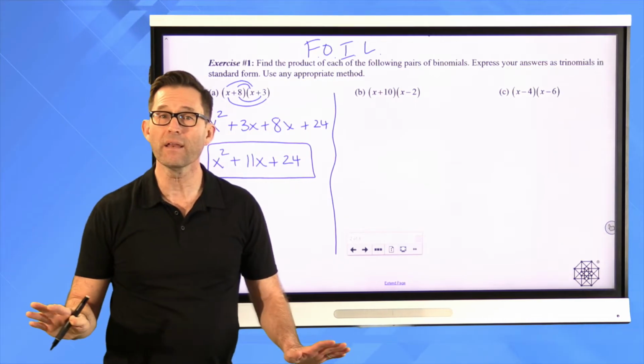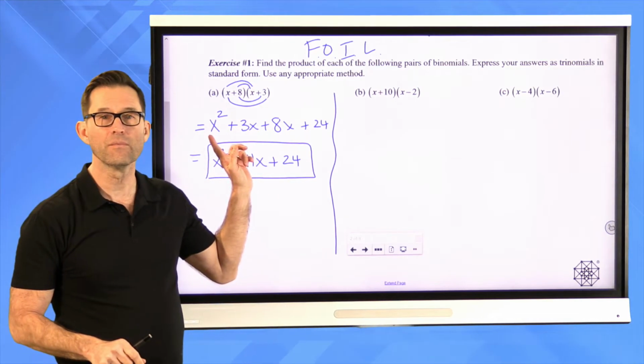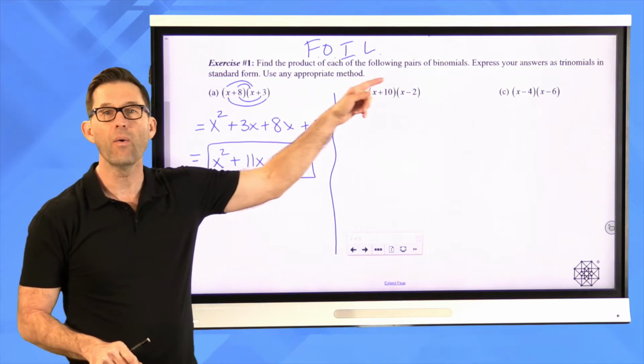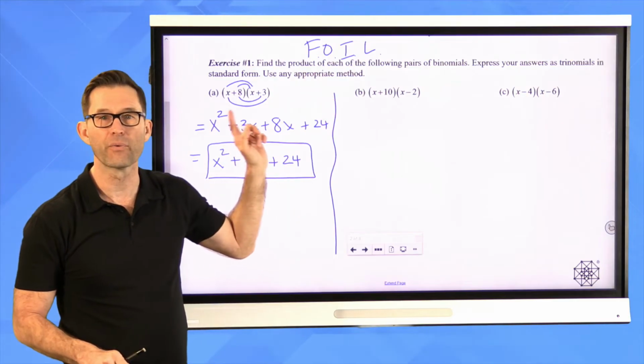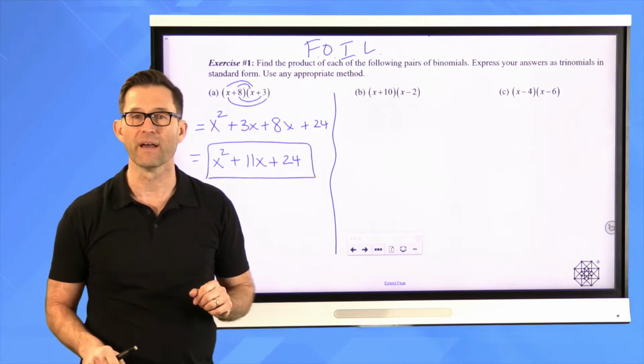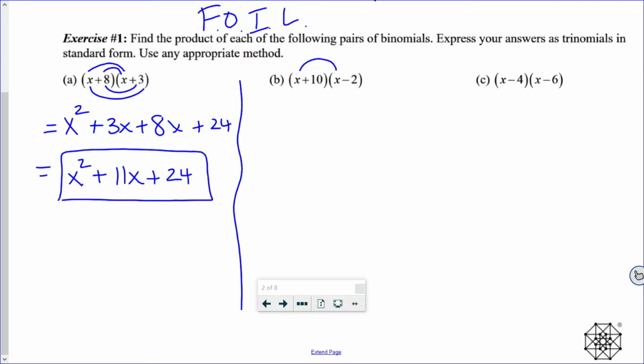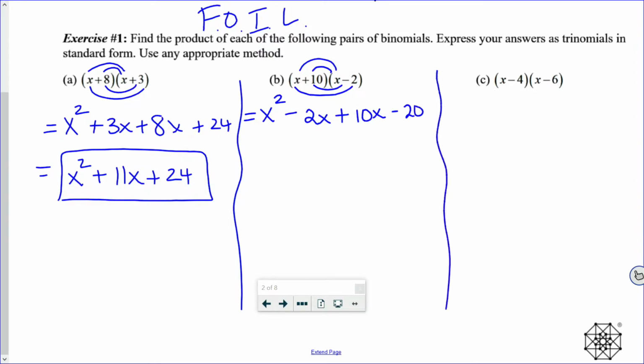Again, keep in mind, the first two terms, their product gives you this, the last two gives you this, and it's then the O and the I in FOIL, the 3x and the 8x, that combine to give you 11x. Let's quickly do letter B and letter C. So x times x is x squared, x times negative 2 is negative 2x, 10 times x is 10x, and 10 times negative 2 is negative 20, and that's going to be x squared plus 8x minus 20.